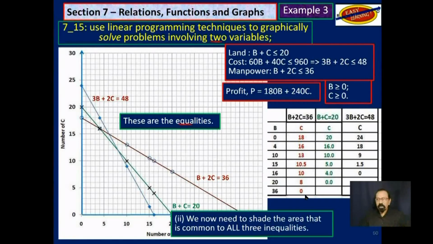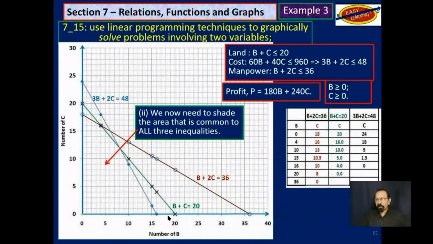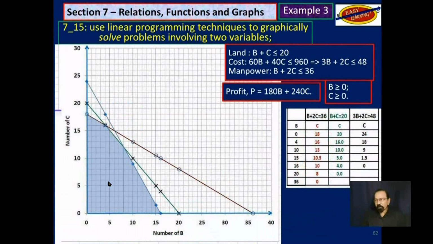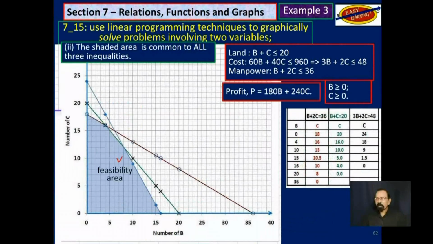We now need to share the area that is common to all 3 inequalities, which would be this area here, that area there. And that area is called the feasibility area. In other words, anywhere in there will work. But this is not just anywhere in there.